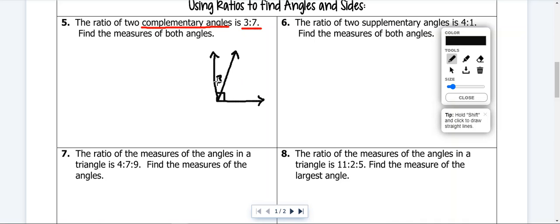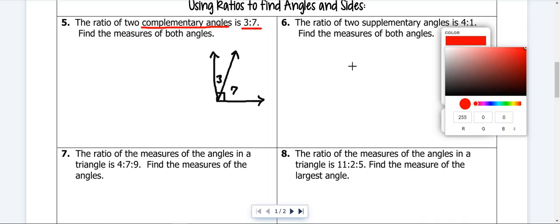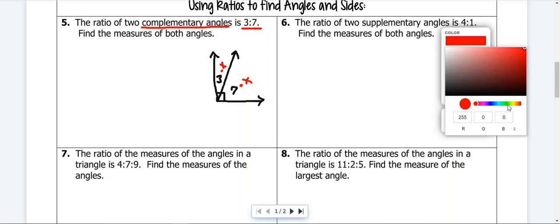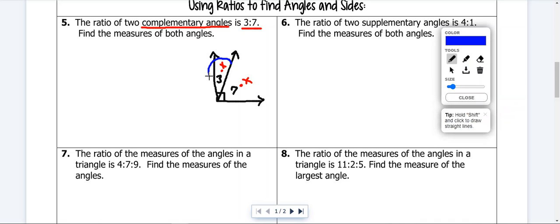Now, I don't know the exact measure of the angles, but what I do know is that the measure of the angles has to be equal to 3 times some value and 7 times some same value, because that would give us our equivalent ratio, right? So this lets me set up a lovely little equation, which of course is what we aim for.